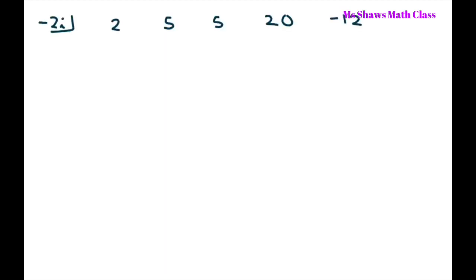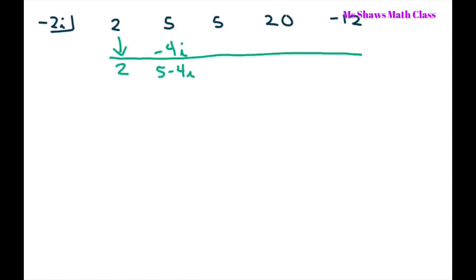So let's start. I wrote down my coefficients and I pulled down my 2 here. Now multiply, you get negative 4i. Now add this column, you get 5 minus 4i. Now you take your negative 2i and multiply it by 5 minus 4i.